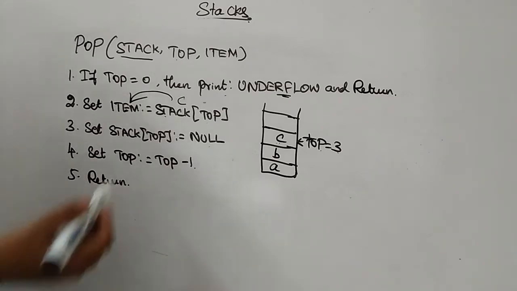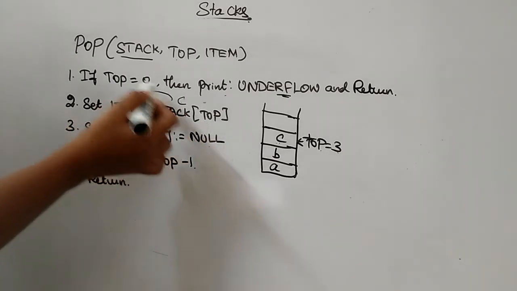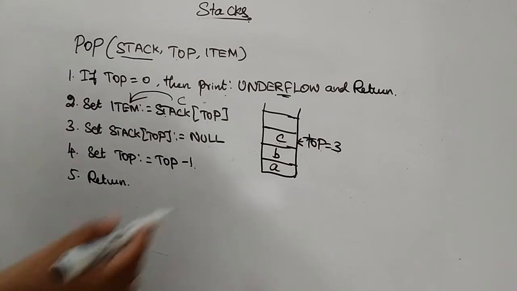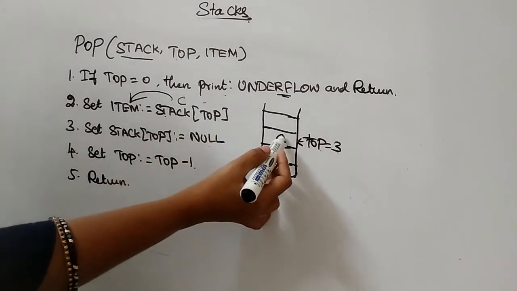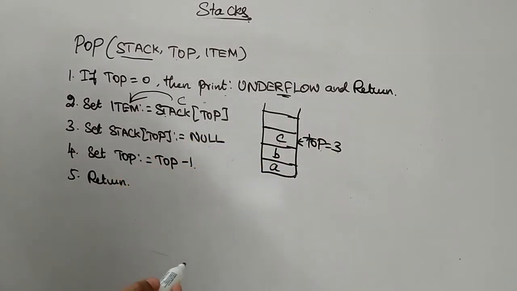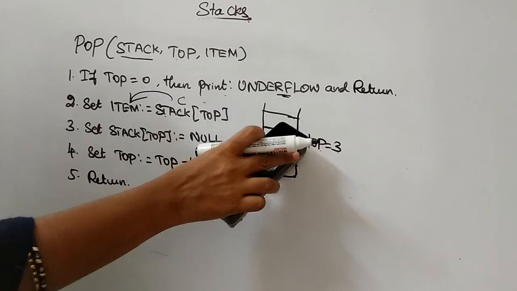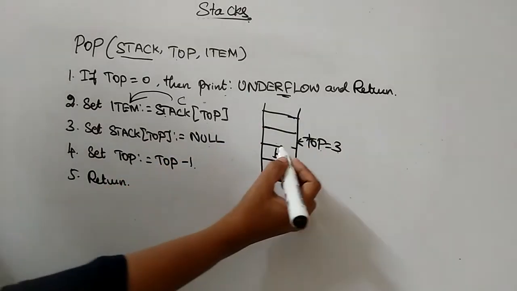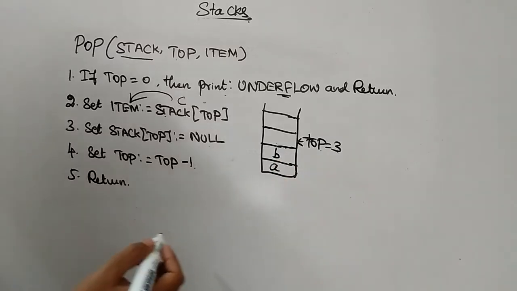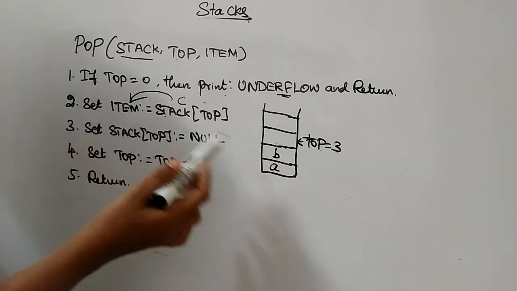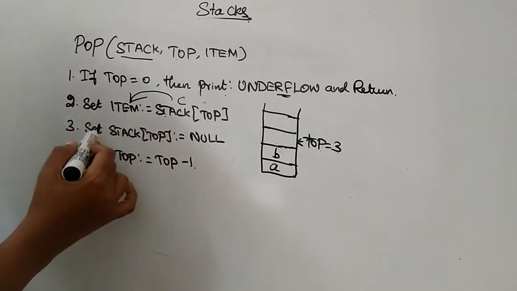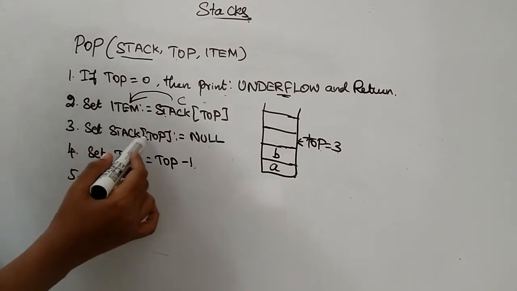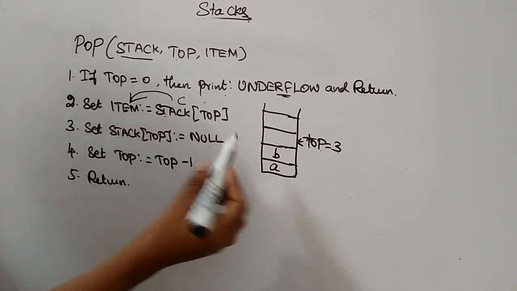After storing the data in the variable item, we should deallocate this memory, or rather remove this element from this memory. That's why we should set it as null before decrementing. Just for resetting that memory location, I am writing set stack of top := null.